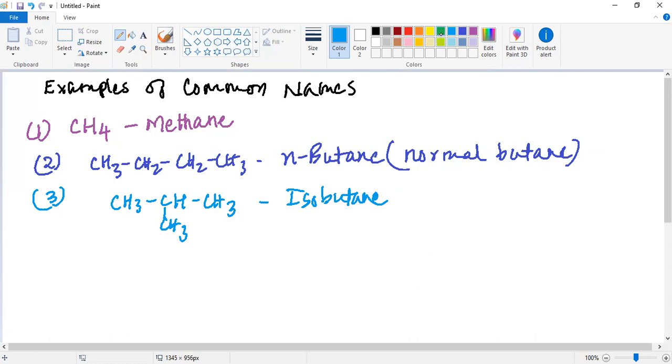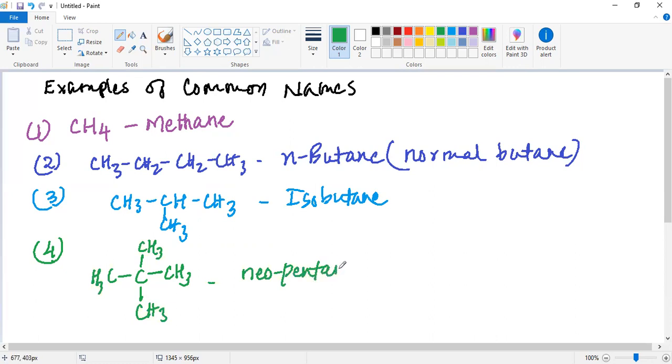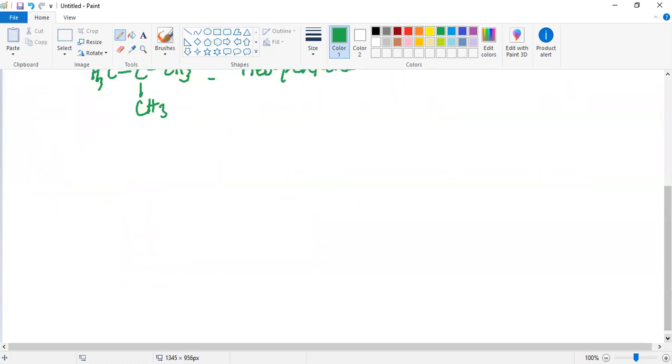Then we have the fourth one, which is known as neopentane. This is how, my dear students, we give the various names.